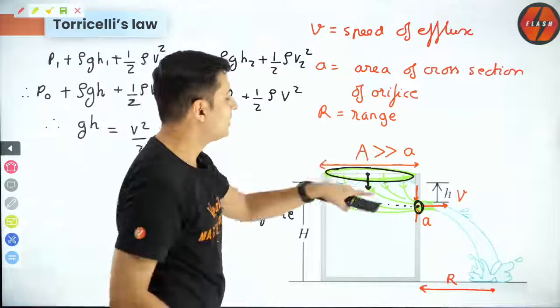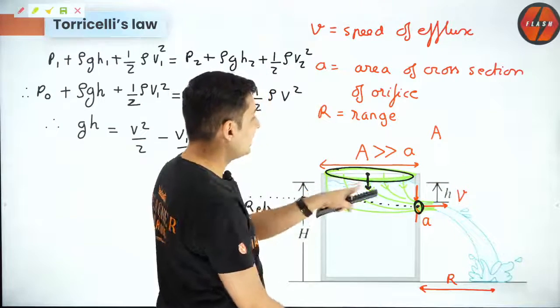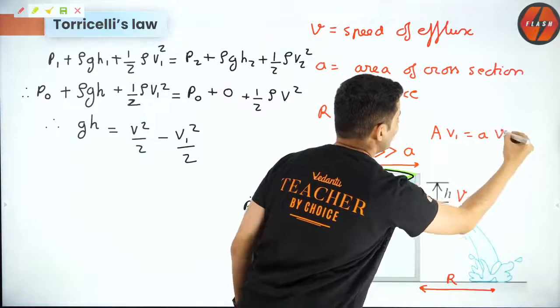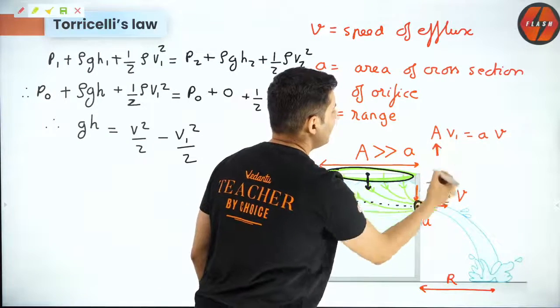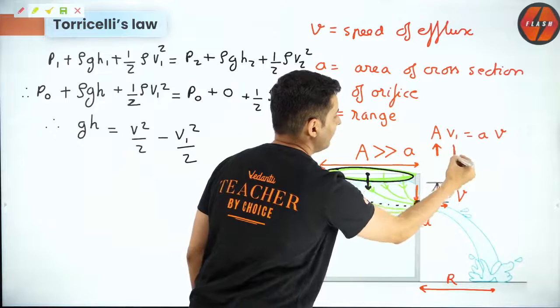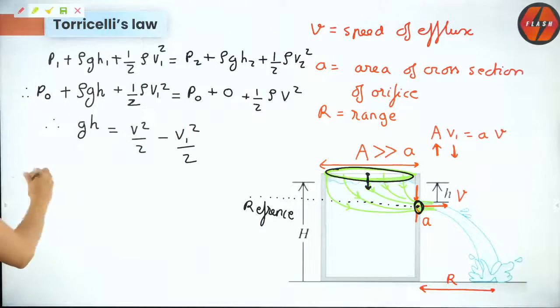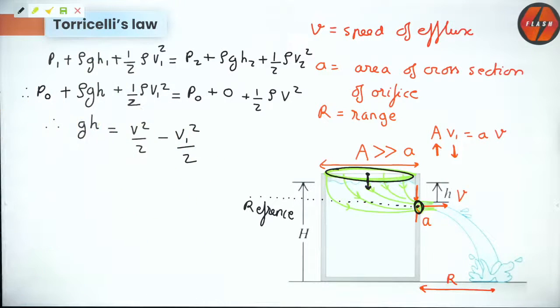If this area is much larger than small a, then using the equation of continuity, A into V1 is small a into V. You can clearly see, because this A is very large, this V1 will be very small as compared to small v. So that velocity is going to be very small, guys. That means the square of it will be even smaller.